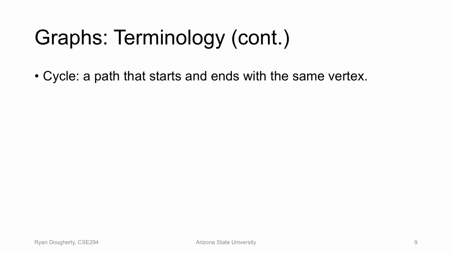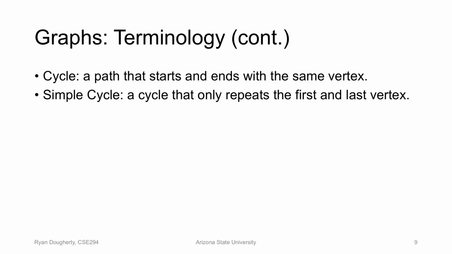So I've mentioned cycles a few times. When we mentioned paths that are not simple, we had this behavior where we repeated a vertex, by doing what is essentially called a cycle. A cycle is just a path that starts and ends with the same vertex. Sometimes we want to talk about simple cycles, which are cycles that only repeat the first and last vertex.